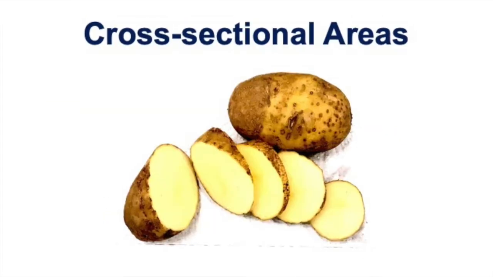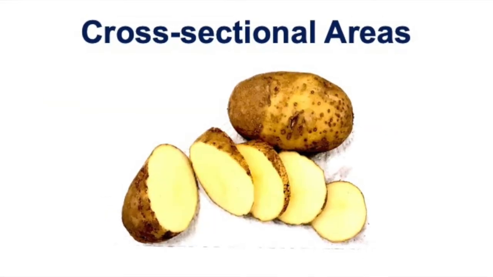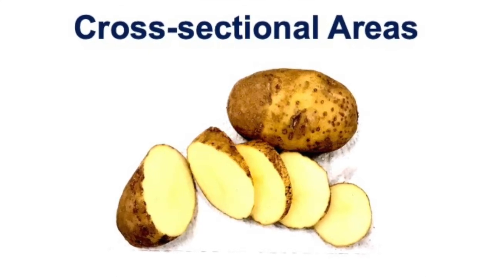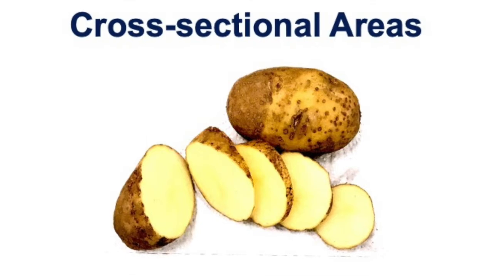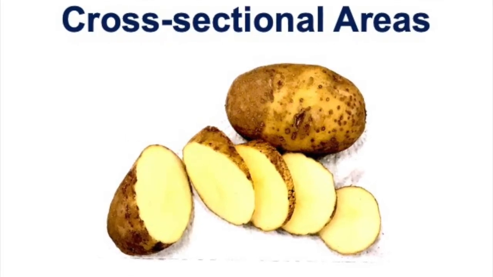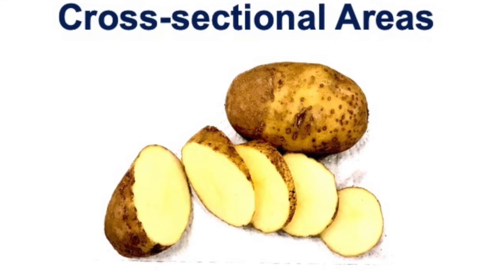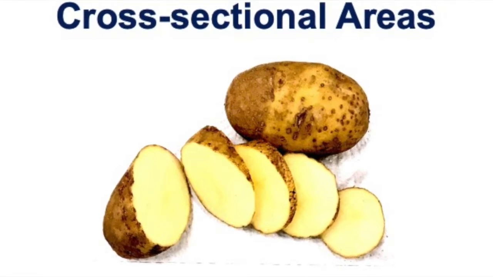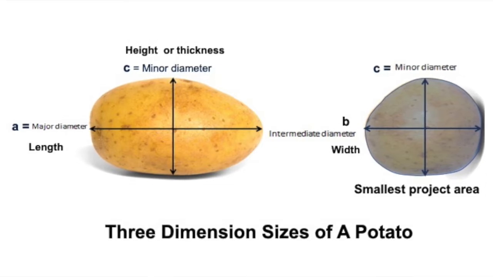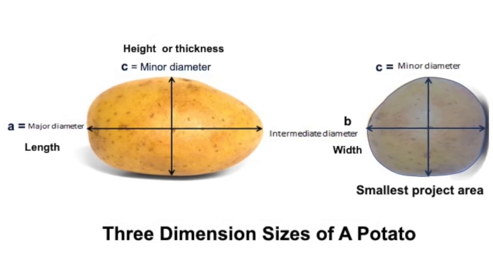If measuring different positions of a potato, we may get different diameters in between the major and minor diameters. They are smaller than the major diameter, but larger than the minor diameter. However, there is a longest diameter of the smallest potato projected area.